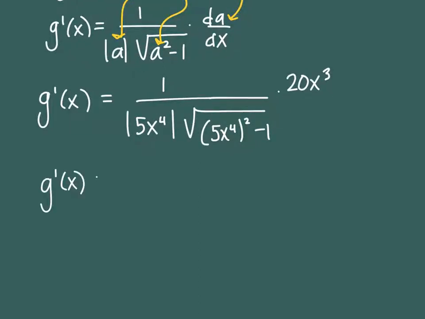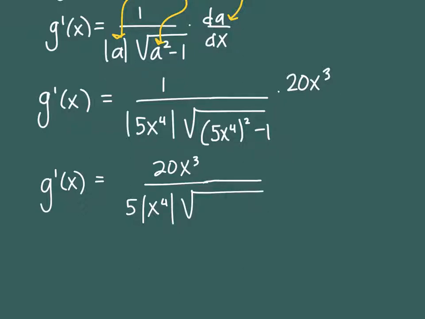So my first derivative on g is going to be 20x cubed over, all right, now 5x to the 4th. 5 is a positive number, so I can pull it outside. And then my square root will be 25 x to the 8th minus 1.